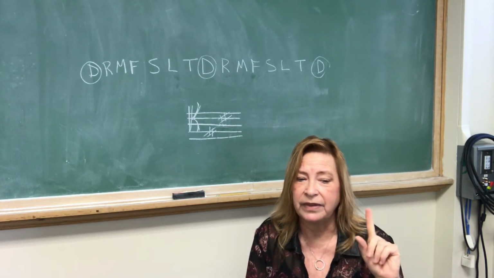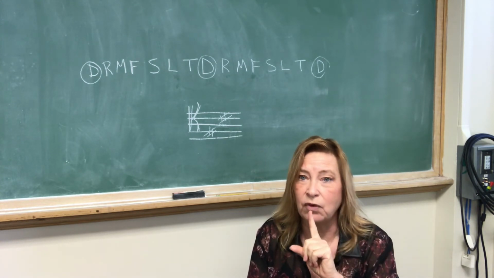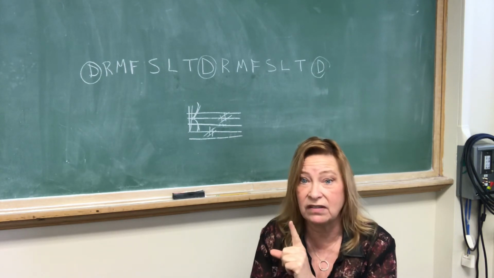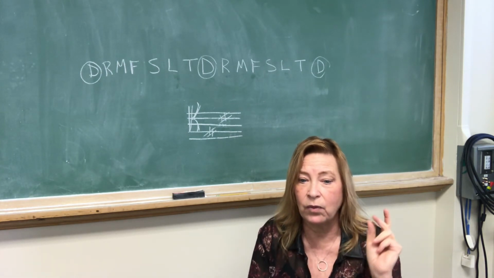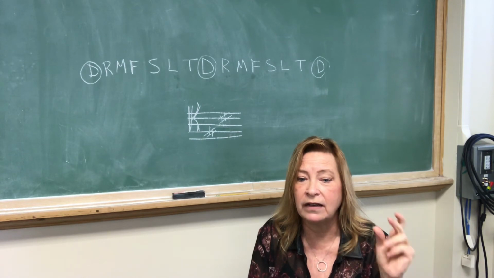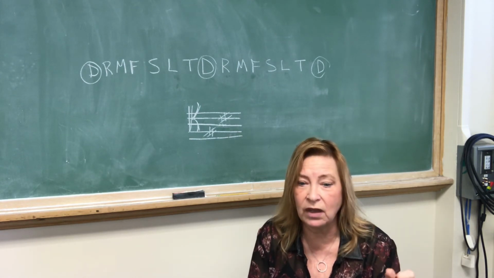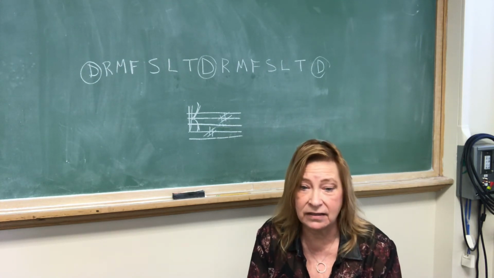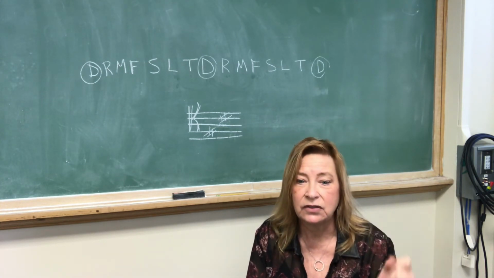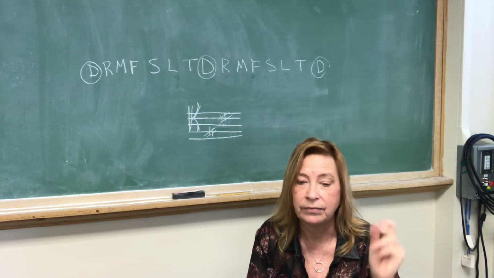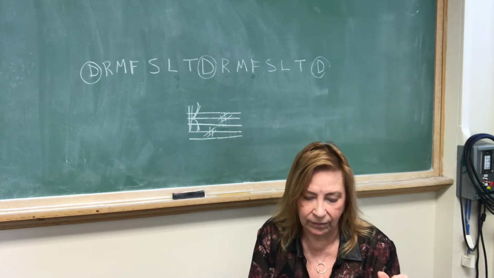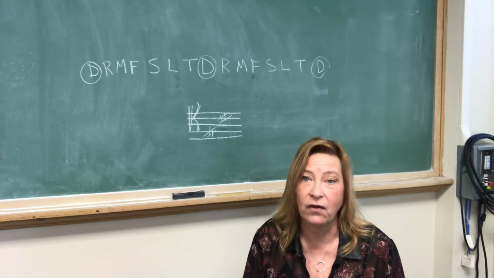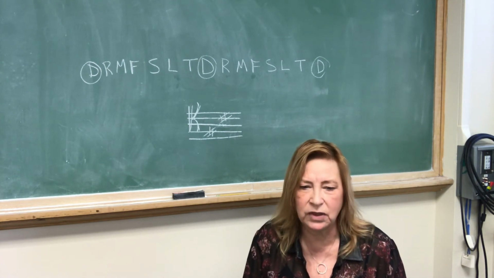So if I say 1, 2, 3, 4, 5, 6, and those are 8th notes, and I say ands, those are 16ths. So it would be 1, 2, and 3, 4, 5, and 6. Okay? So that's the one tricky rhythm.